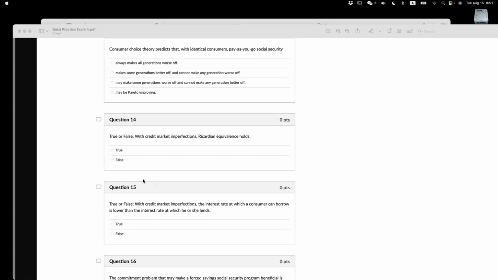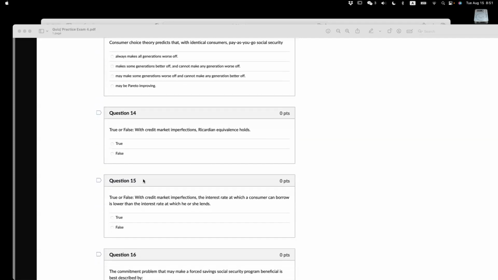Question 14, true or false? With credit market imperfection, Ricardian equivalence holds? Actually, no. With credit market imperfection, the Ricardian equivalence will fail. What is Ricardian equivalence? It essentially says the timing of tax doesn't matter, right?